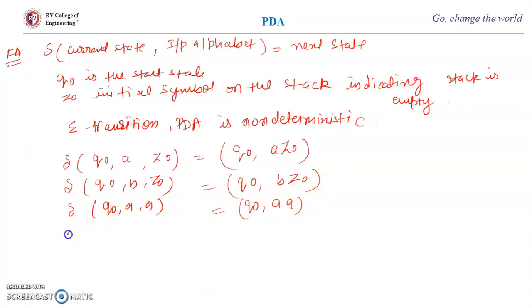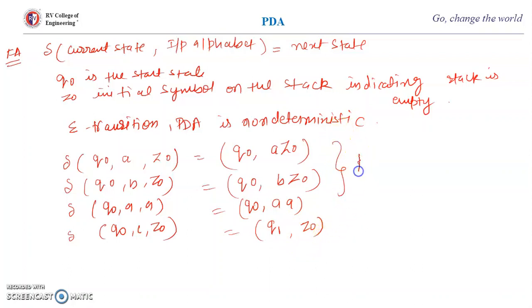So A was there on the top, we are going to push A, so the stack content will be AA. And then suppose I say delta Q0 C Z0. The machine is in state Q0, we are giving input C, Z0 is there on the stack top, and then we are going to change the state from Q0 to Q1, and Z0 is there in the stack, meaning we are not going to perform any push or pop operation.